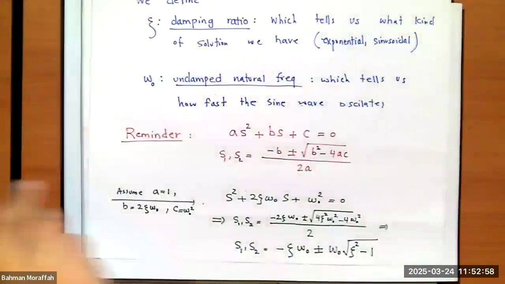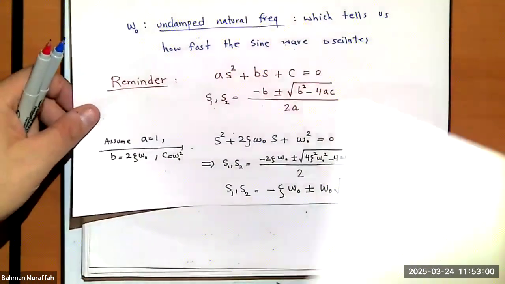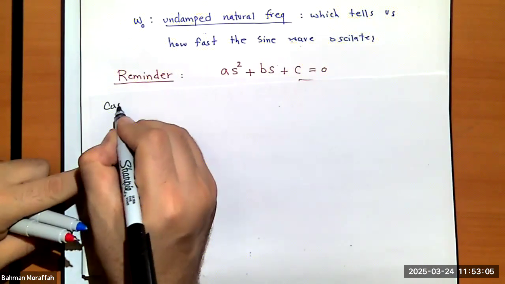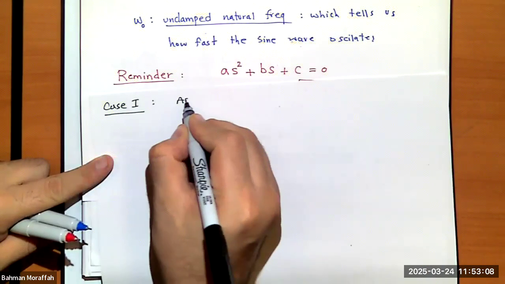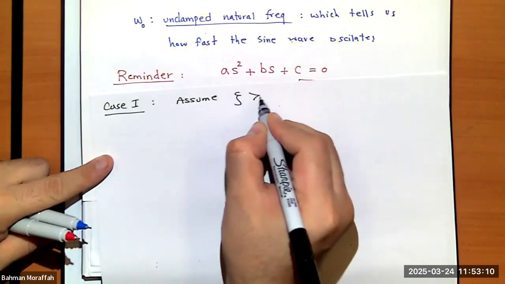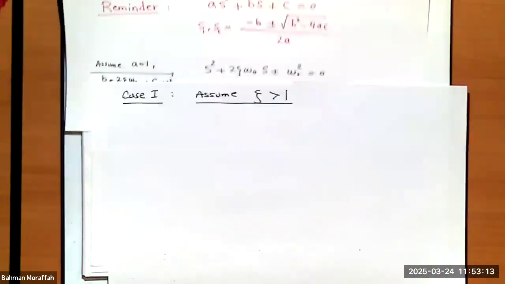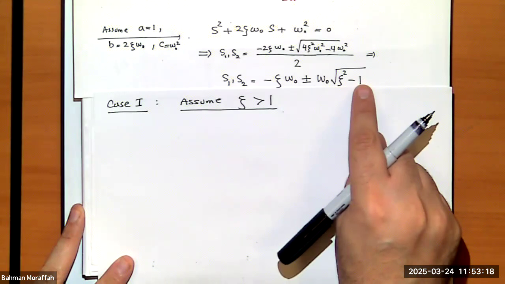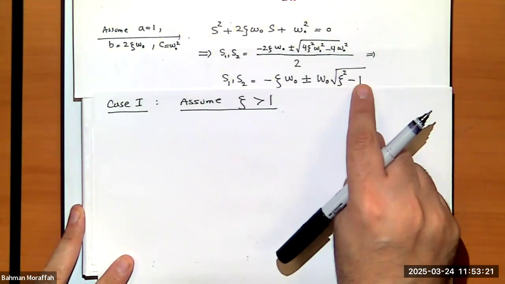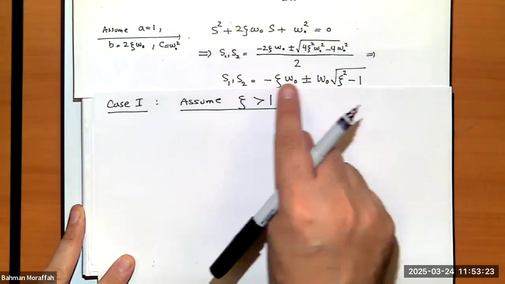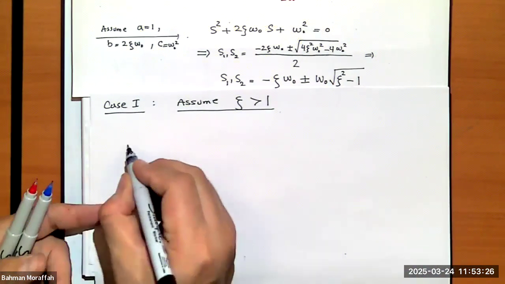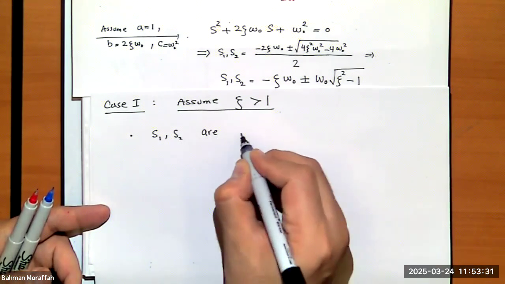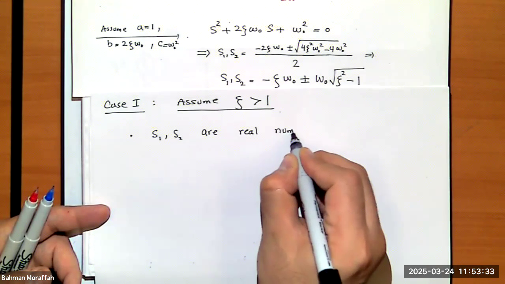So, case 1: assume zeta is greater than 1. Again, I have a positive number under the radical, which tells me I have 2 real solutions. So s1 and s2 are real numbers.